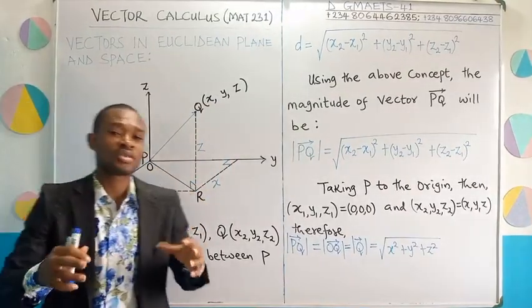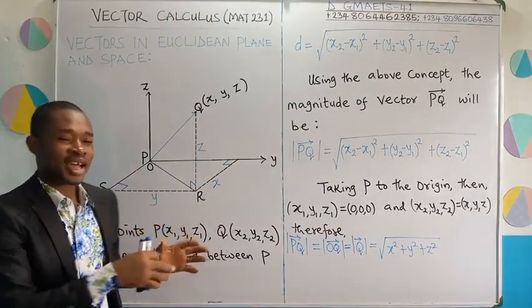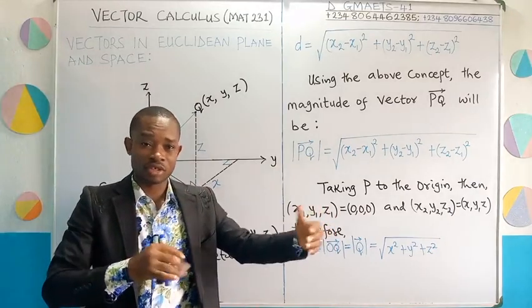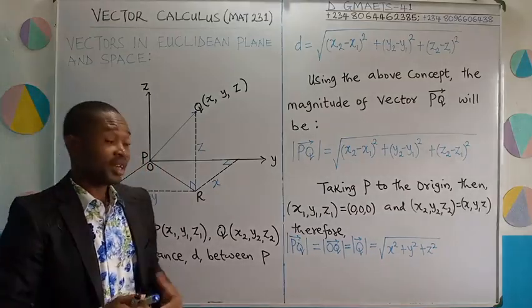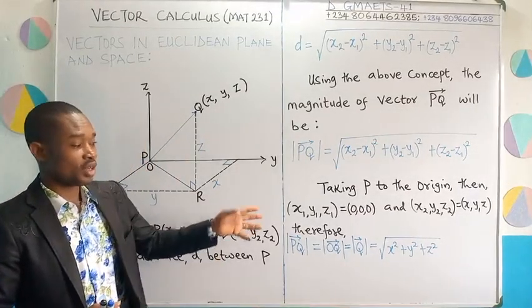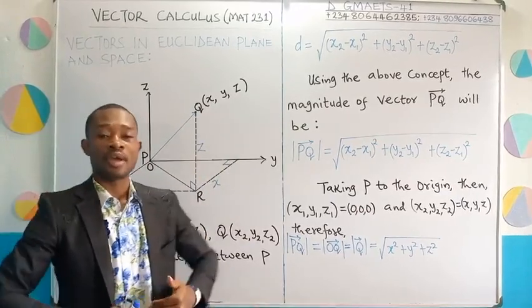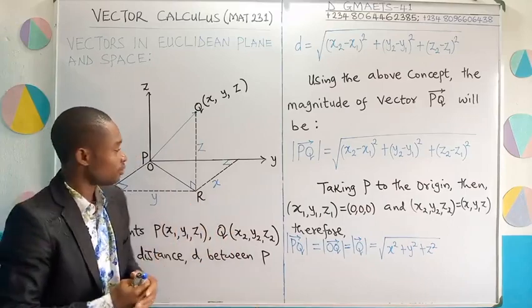I want to say this quickly, that the concept of what we're going to learn here is actually like a more general form of the 2-dimensional vectors that we've just treated. Is that okay? Because analytically, when dealing with the arithmetics of this 3 dimensions, we can actually reduce the 3 dimensions to 2 dimensions just by eliminating one of the axes, and that's all.